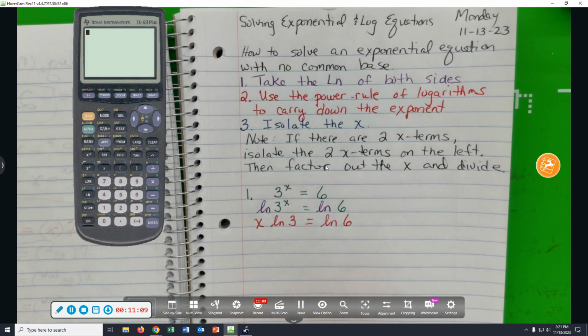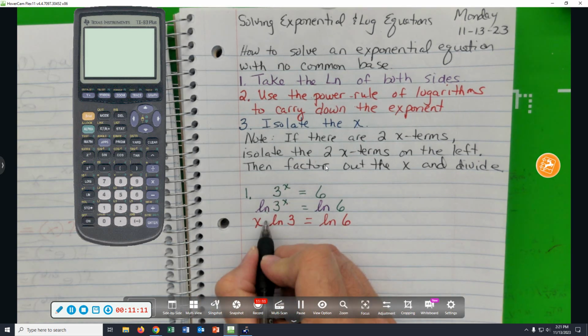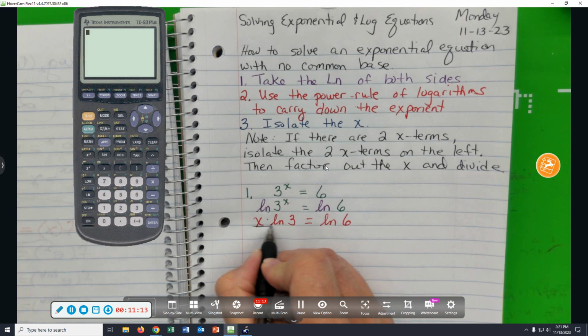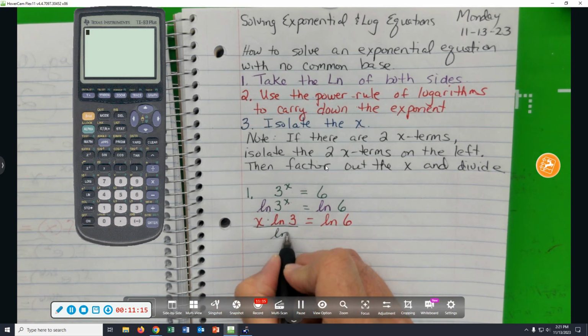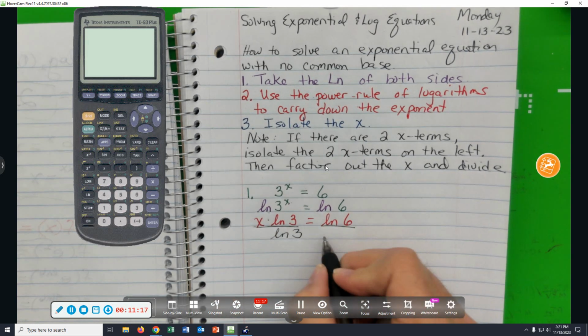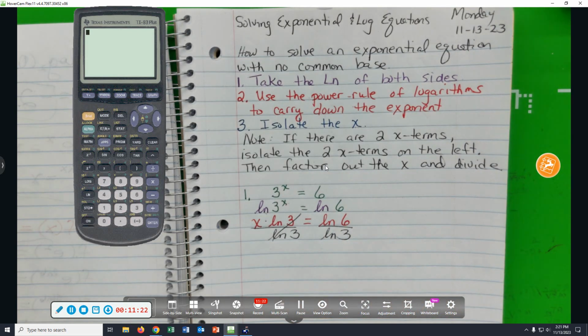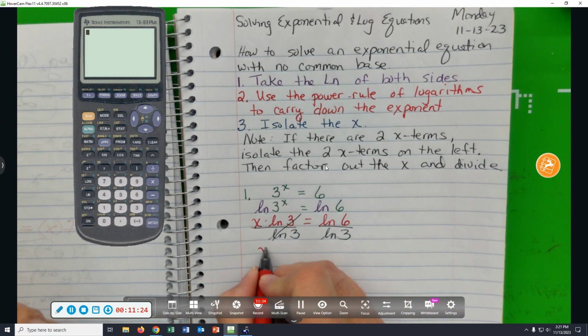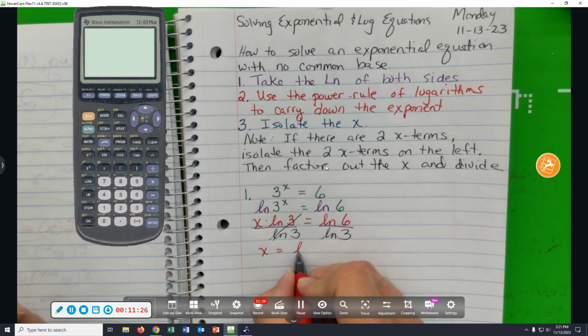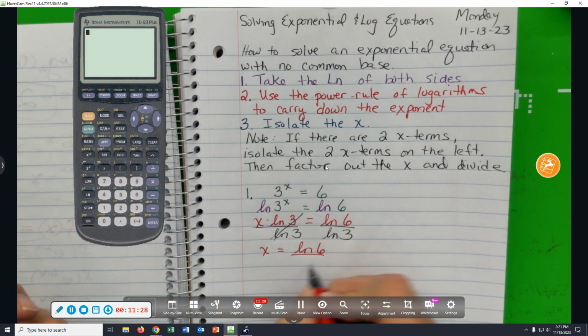Multiplication. So what am I going to do to undo multiplication? Divide. Divide both sides by ln 3. And we have x equals ln 6 divided by ln 3.